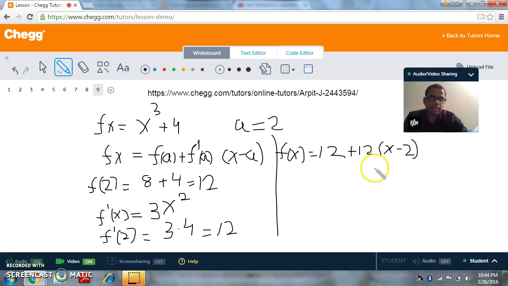And now we simplify this equation. So this becomes 12 plus 12x minus 24. 12 times 2 becomes 24.